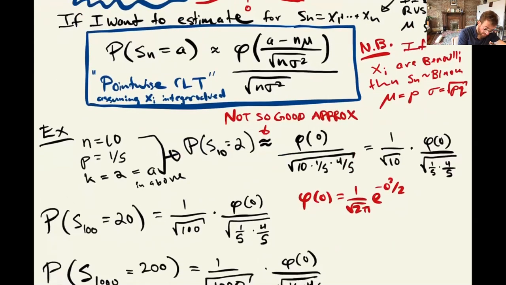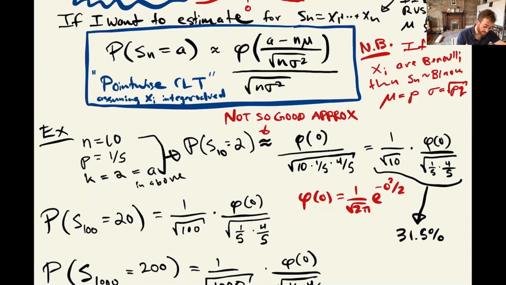So notice that for this calculation right here, I actually get about 31.5%. Notice earlier I said about 30%. So this is actually a pretty good approximation, even when the numbers were low, like just 10 tries.